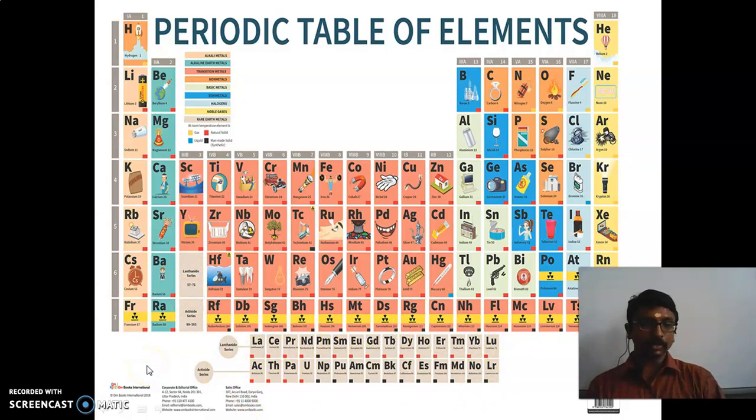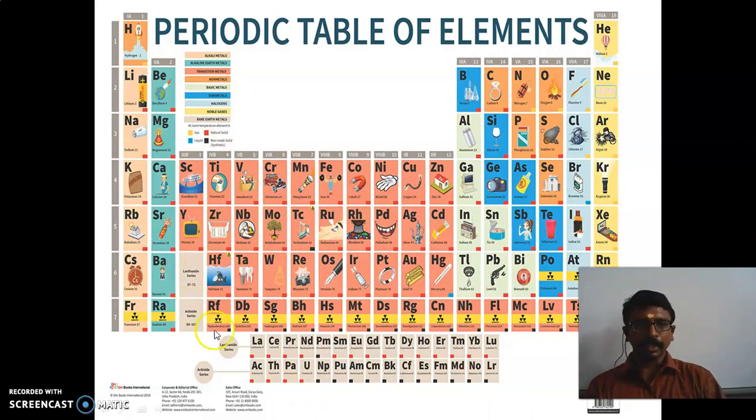Actually, the F block elements would be placed here in the D block. If they were placed here, the periodic table would look very long. That is the main reason.